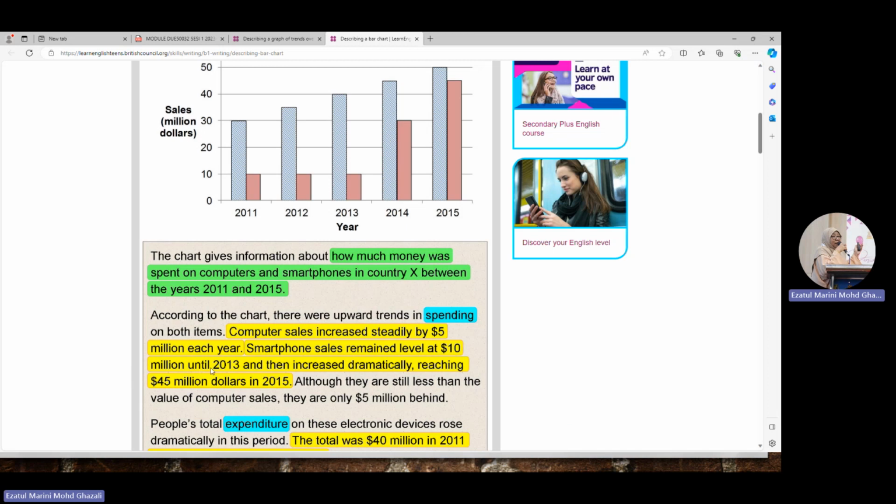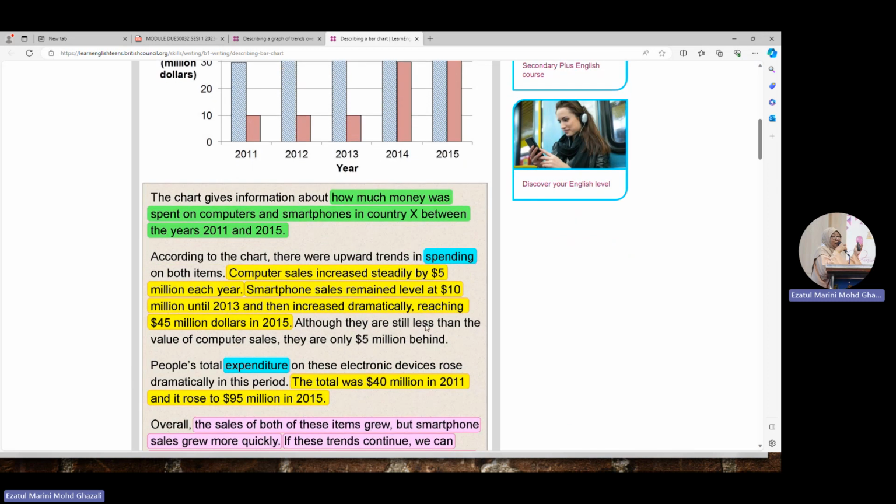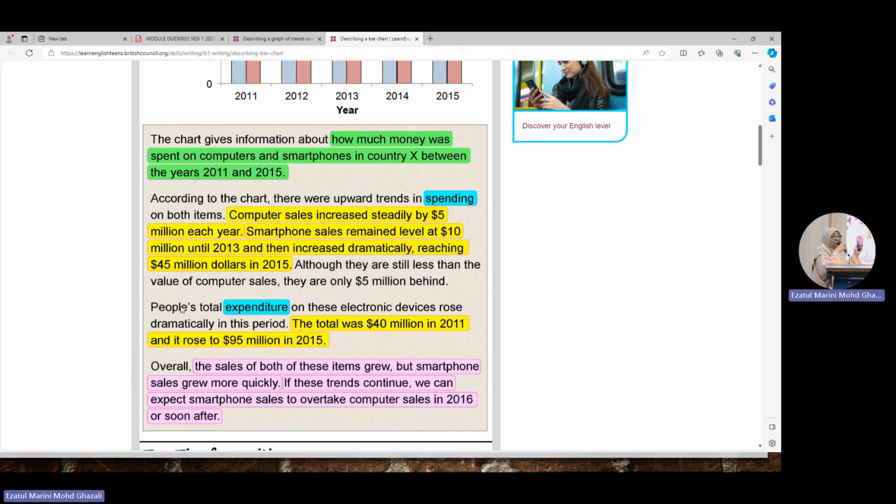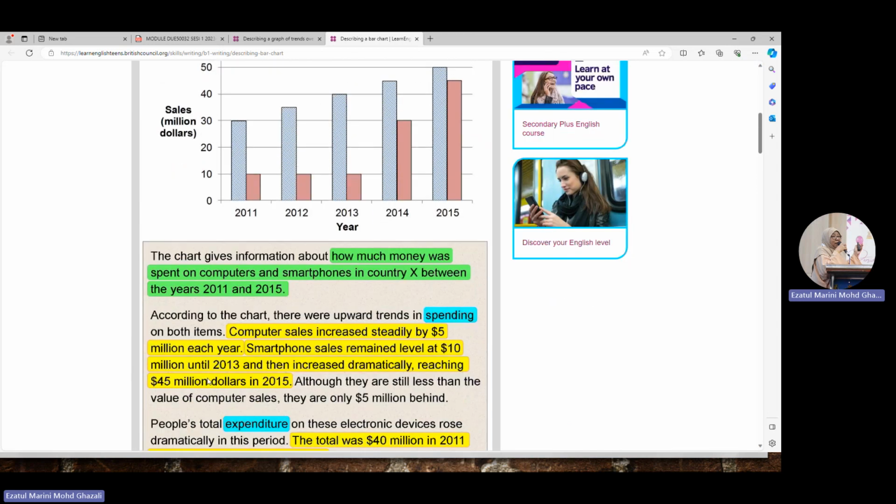Computer sales increased steadily by $5 million each year, and smartphone sales remained level at $10 million until 2013, and then increased dramatically, reaching $45 million in 2015. Although they are still less than the value of computer sales, they are only $5 million behind. People's total expenditure on these electronic devices rose dramatically in this period.